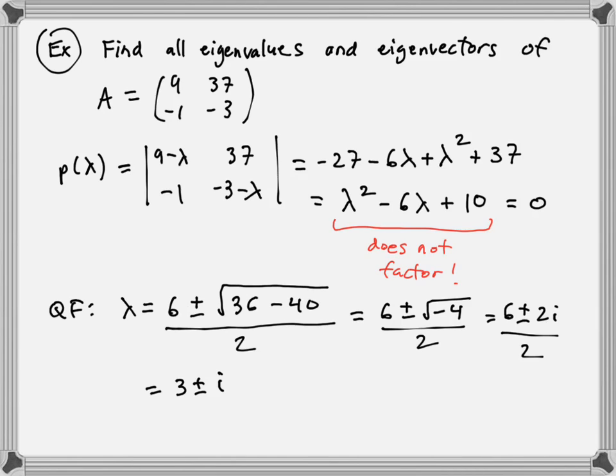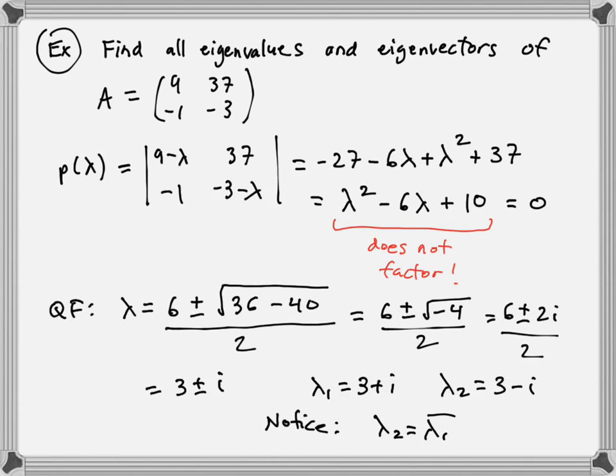We notice right away, by the way, that if we call lambda 1 equal to 3 plus i, and lambda 2 is 3 minus i, we do have two eigenvalues. They are complex. And notice, of course, that the first part of the theorem is true, that lambda 2 is just lambda 1 bar, right? Because 3 minus i is the complex conjugate of 3 plus i, and vice versa.